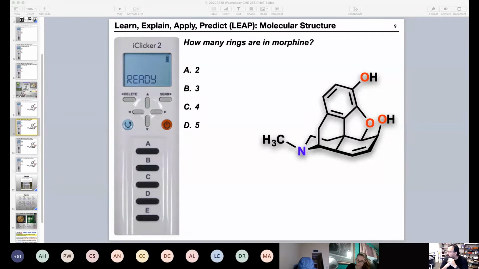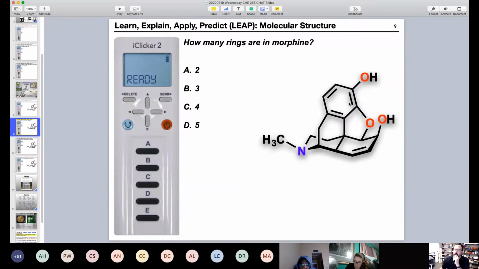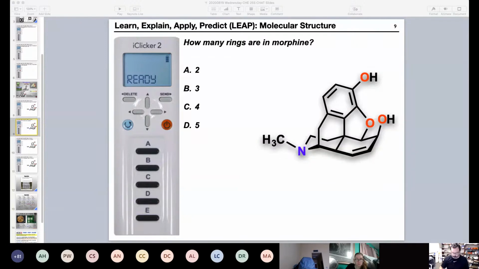What do we know about the different bonding patterns between sp3, sp2, and sp? So sp3 is tetrahedral. What does it mean to be tetrahedral? What types of bonds are present?